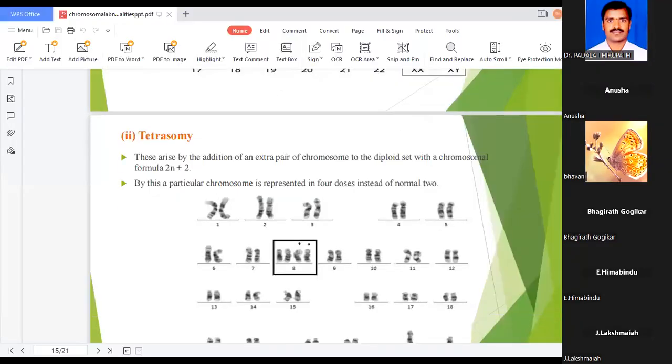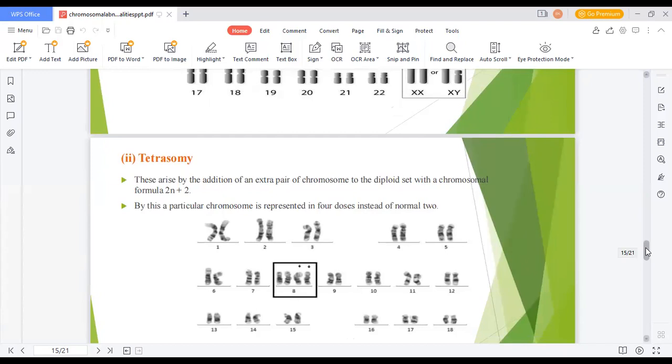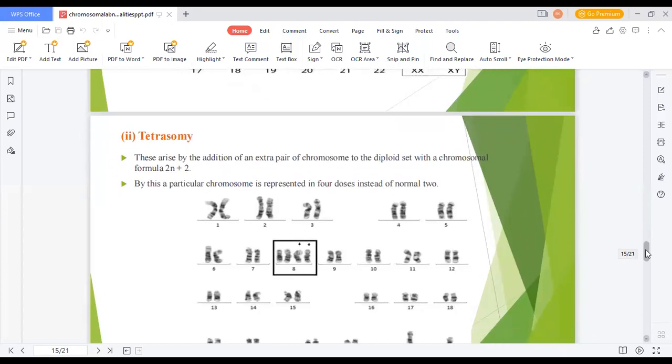The numerical changes in the chromosome number, we can go for aneuploidy. Aneuploidy means a loss of or addition of chromosome from a diploid set of chromosomes. So we already discussed tetrasomic, monosomic.